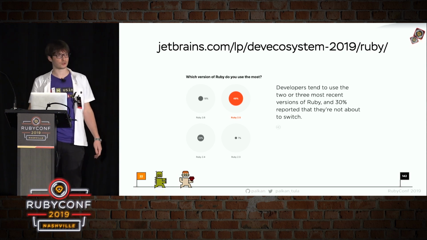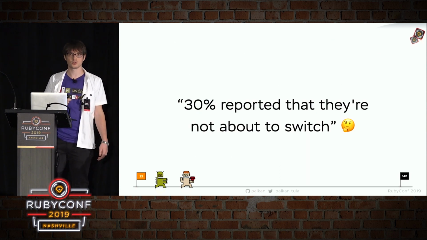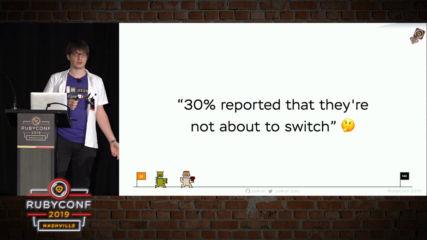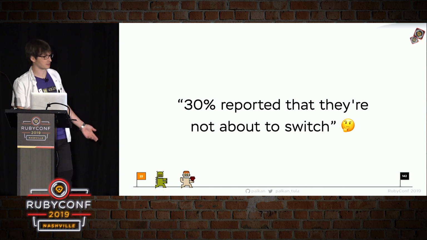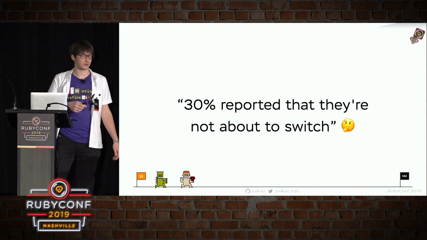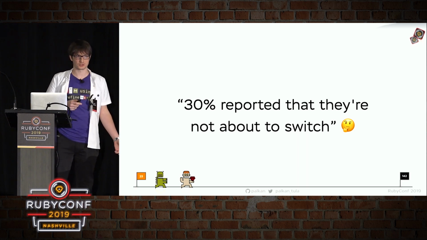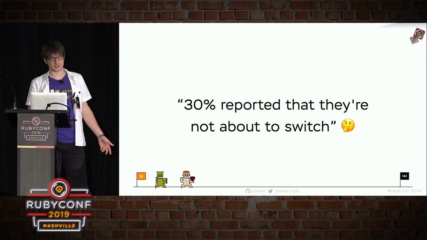And most importantly, about a third of all respondents are not going to switch to a new Ruby version. Why so? Well, maybe because of the cost of upgrade. It's not just changing the Ruby version file in your repo. It doesn't seem worth it because it requires some effort, and not everyone understands what it could bring to them.